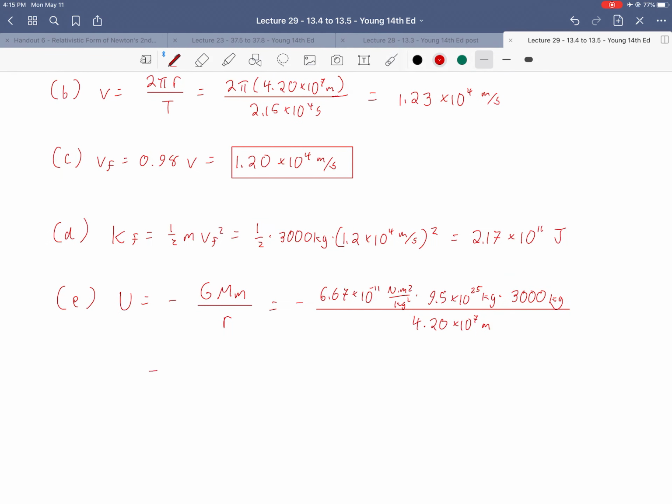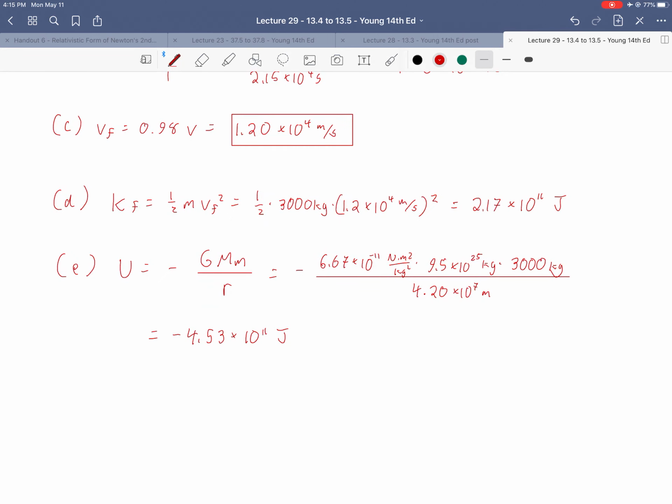This is all stuff that we were given. We could have done this in the first place. And that gives us a potential energy of negative 4.53 times 10 to the 11 joules.